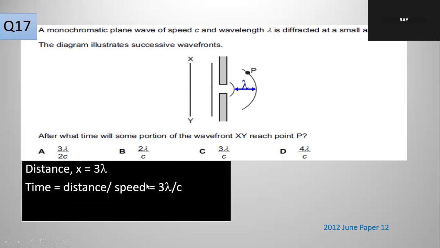Distance is 3 wavelengths, speed is c. The answer is 3 lambda over c. Anything not clear? This came out in June 2012. They do repeat their questions now.